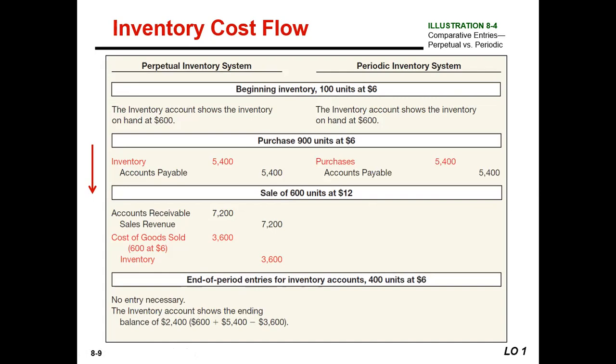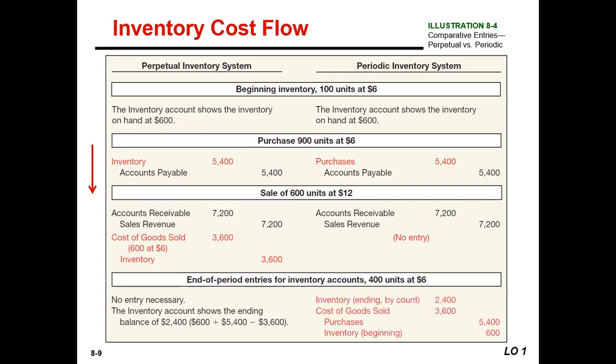And then we sell 600 units at $12 each. Again, that entry to record the sale is exactly the same, right? We're debiting accounts receivable, crediting sales revenue, but we're not recognizing the cost of goods sold and the ending balance in inventory until the end of the period adjustment.